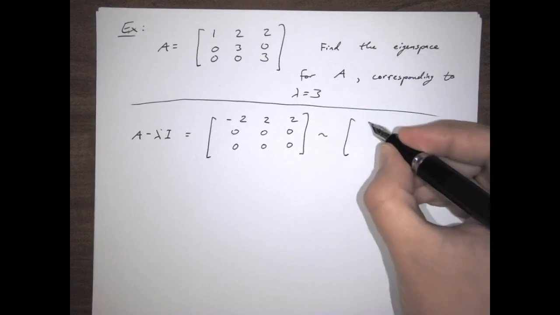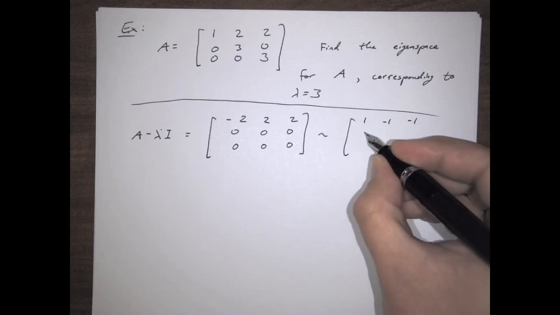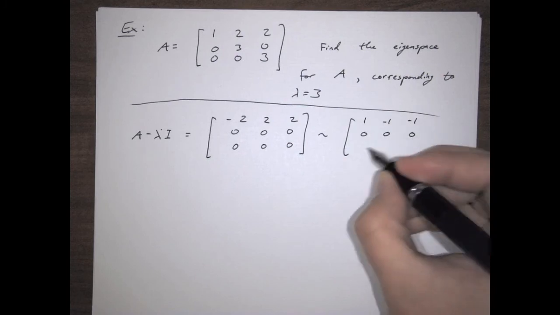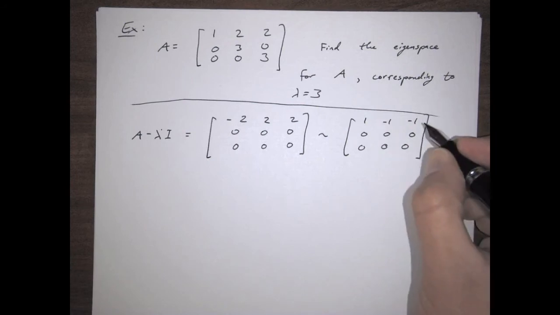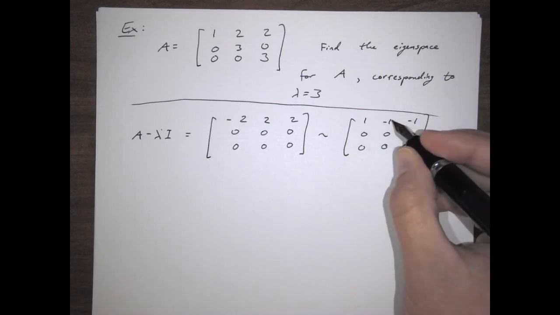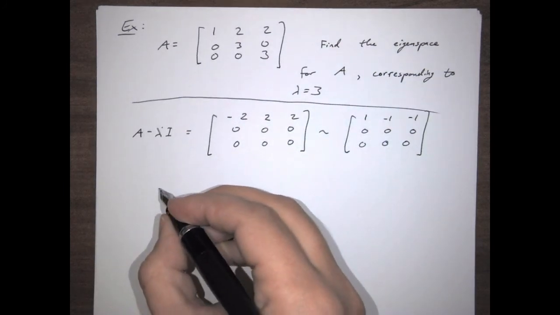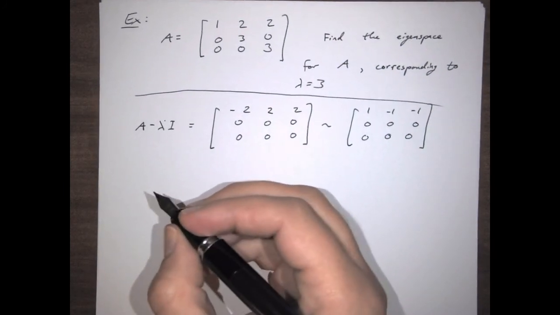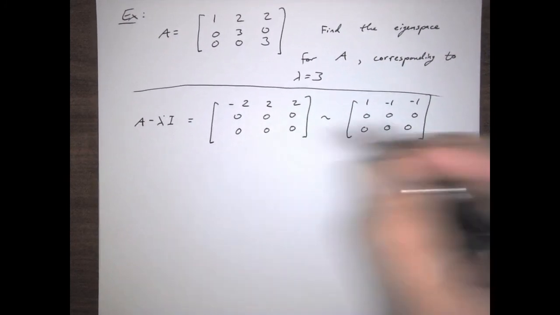This is going to be 1, negative 1, negative 1, 0, 0, 0, 0, 0, 0. And what this means is what we've got are 2 different free variables, x2 and x3, which means the dimension of the eigenspace here is going to be more than just 1, it's going to be 2.